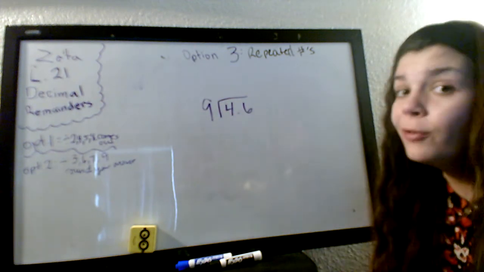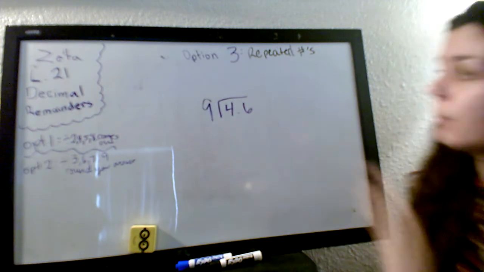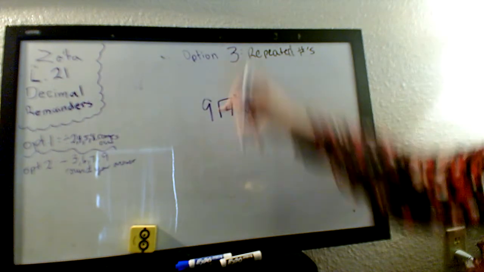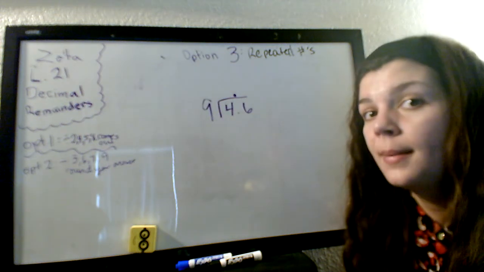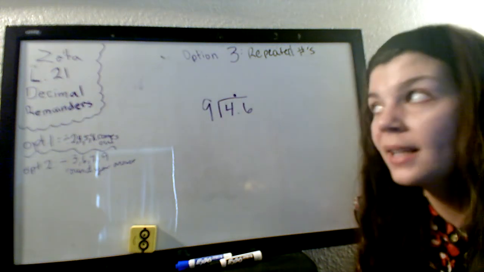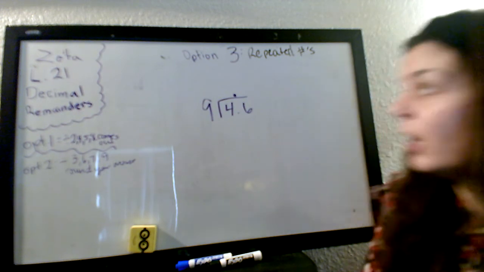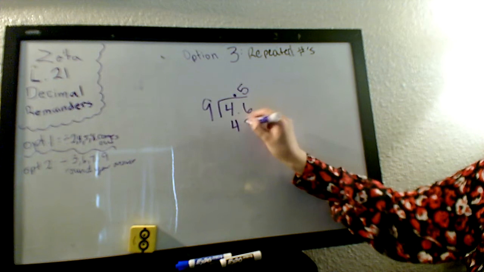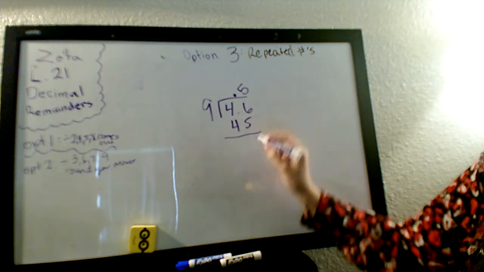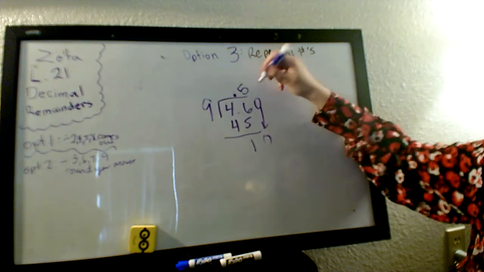How many 9's go into 4? 0. No 9's go into 4. I've touched my decimal. My decimal shoots up. How many 9's go into 46? 9 times 5 is 45. Alright, got my 1. I can add my zeros whenever I need to.